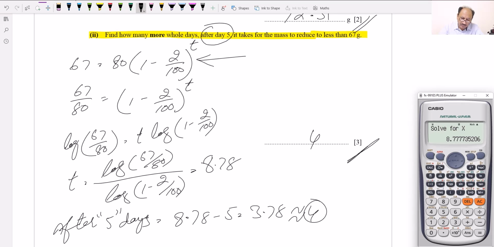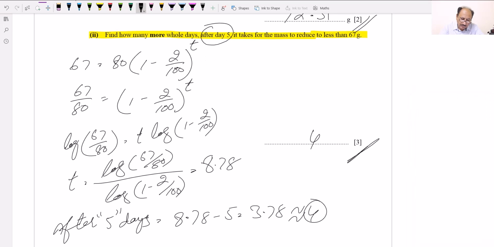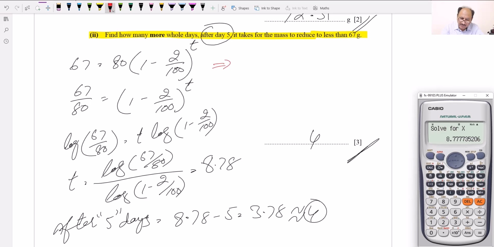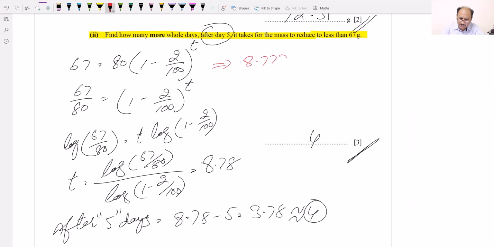So if you will be directly writing, for example from here you can directly write 8.777 or approximately equal to 8.78, and then you can write 8.78 minus 5, which will be equal to 3.78, which is approximately equal to 4.